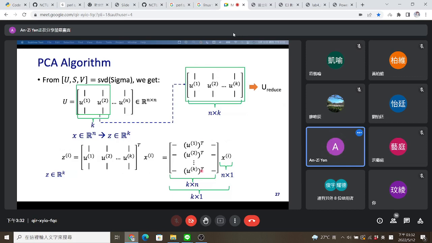Here we didn't mention the meaning of i. So what is i? i is the training example i, so we can write this as xi, and here we can write zi.